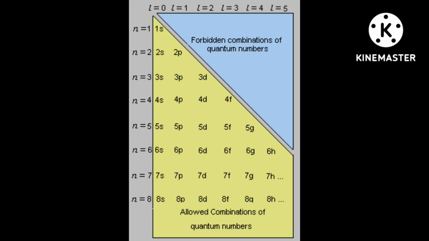Some of the lines actually occur as a doublet, meaning two lines very closely spaced. Similarly, a triplet is 3 lines closely spaced. This is very difficult to explain by these 3 quantum numbers.